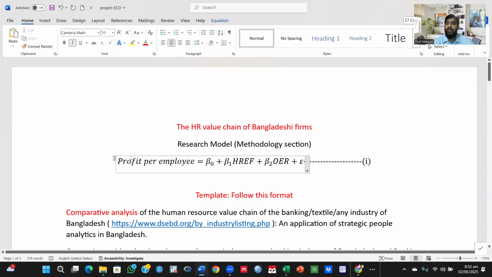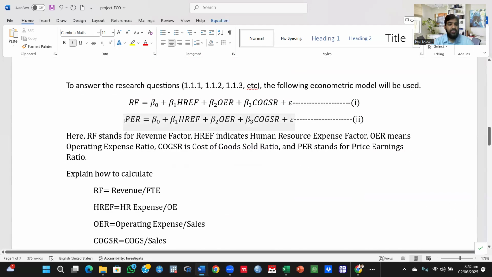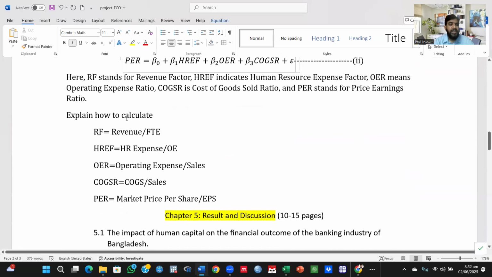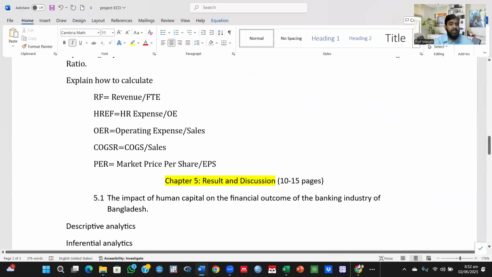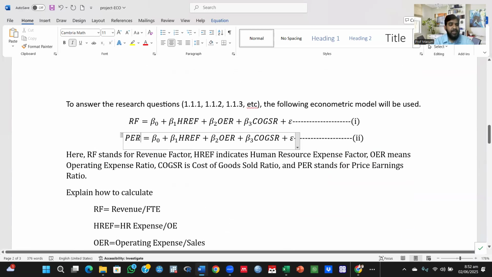Company's profit will affect the company's stock price. That's why we are also going to quantify the relationship between market price per share, MPS, market price per share as the dependent variable, and all the independent variables are same.